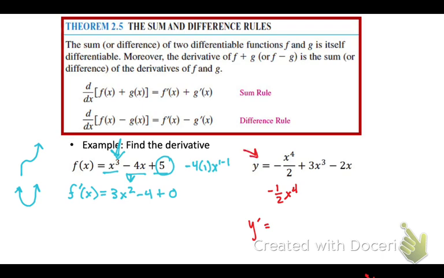She was asking about the middle term. The answer to it is negative 2x cubed plus 9x squared minus 2.